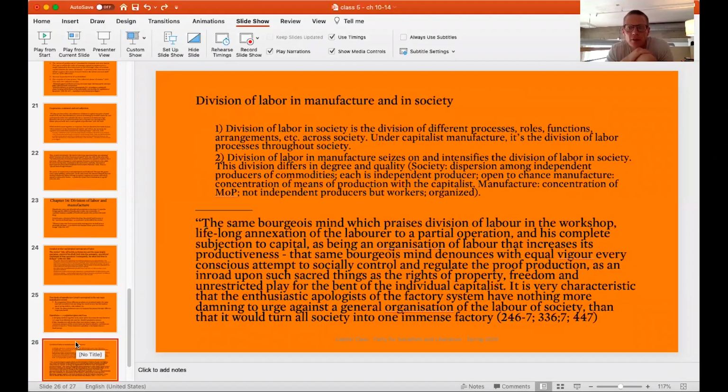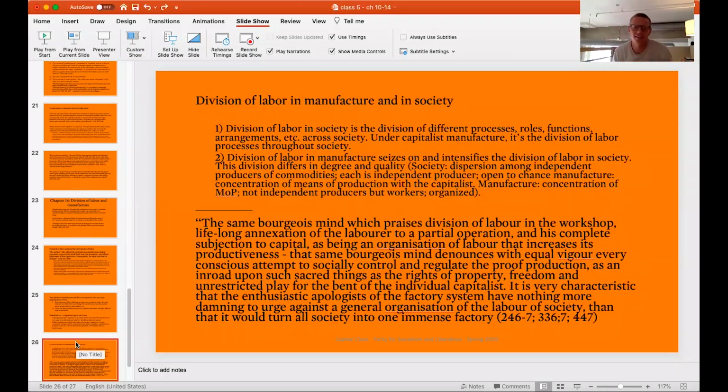The division of labor is intensified in both places, but there are different effects. In society, there's a dispersion amongst independent producers of commodities, and it's open to chance. In manufacture, there's a concentration of the means of production with the capitalists, not independent workers.